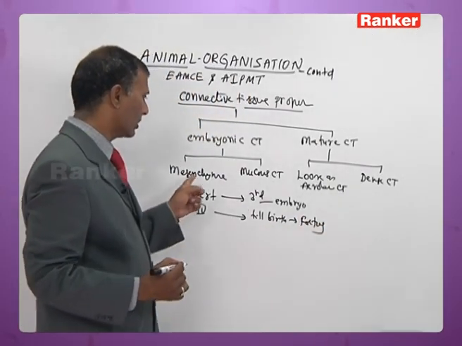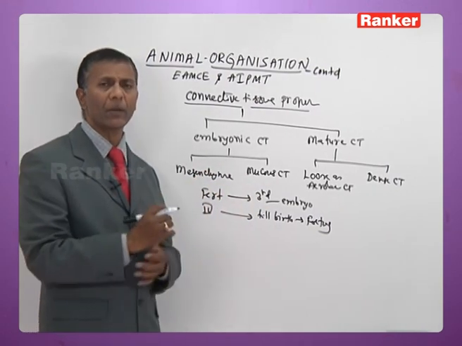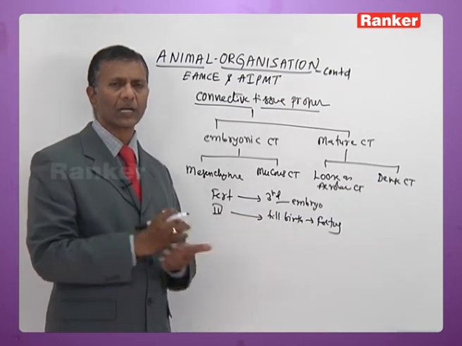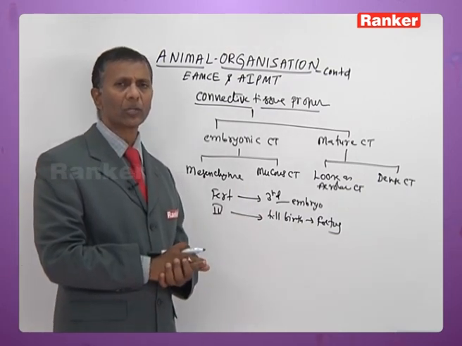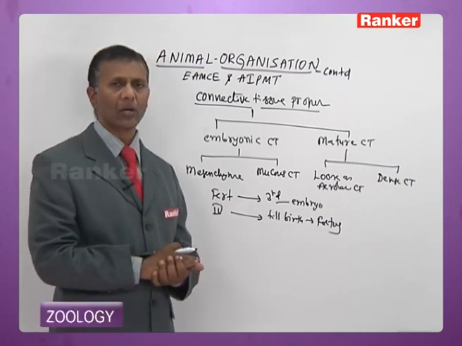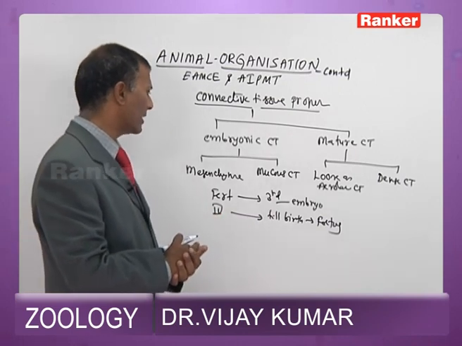Embryo is right from fertilization to the 3rd month. Fetus is from 4th month till maturation, that is till 9th month. So the embryonic connective tissue is present in both the embryo and the fetus.